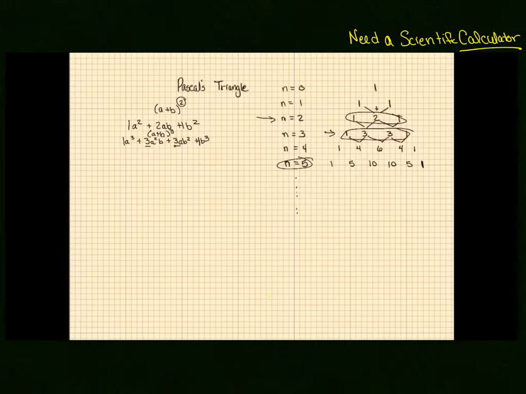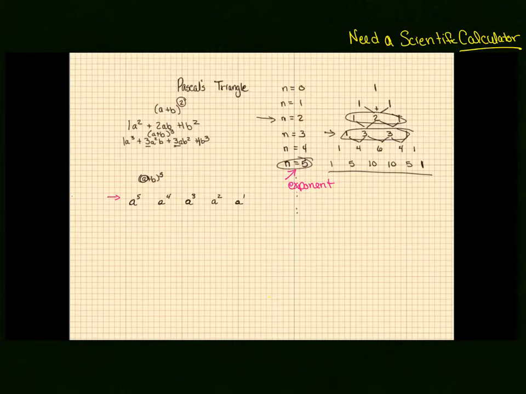So if I am doing a plus b to the 5th power, I've got my coefficients written out, but to be able to keep track of my exponents, I'm going to write them out. My first term is a in my binomial, so I'm going to have a to the 5th, then a to the 4th, a to the 3rd, a to the 2nd, a to the 1st, and then a to the 0, which is just 1.